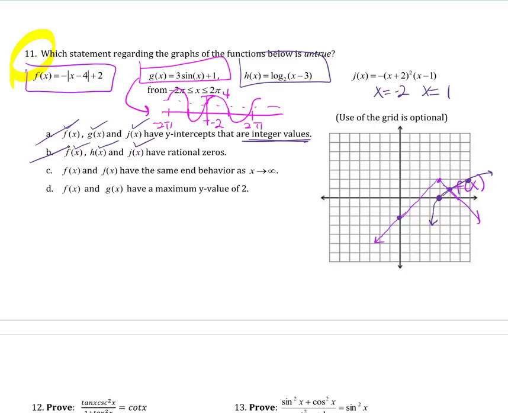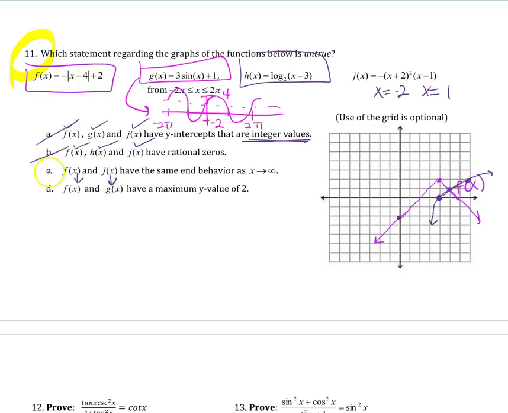All right, making progress. F of x and j of x have the same end behavior as x approaches infinity. When I look at f of x, that's this absolute value function. As I look to the right, it looks like we're going down. So again, this is going down. Kind of make my note to myself. J of x, if I look at the picture again, is also going down.